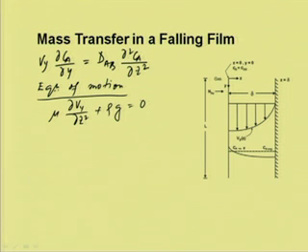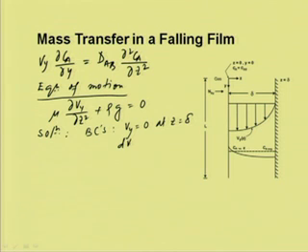And for the solution of these equations, the boundary conditions we can use are Vy is equal to 0 at z equal to delta, and d Vy d z is 0 at z is equal to 0.